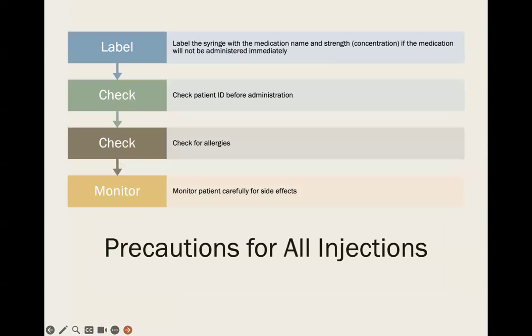If you're drawing the contrast up before a procedure, or you're working with a radiologist and helping them get their sterile field together and the medications they're going to use, you always want to label your syringe with the medication name and the strength. A lot of times when you work with doctors nowadays, they just want you to have the medication out for them to see instead of drawing it up beforehand.